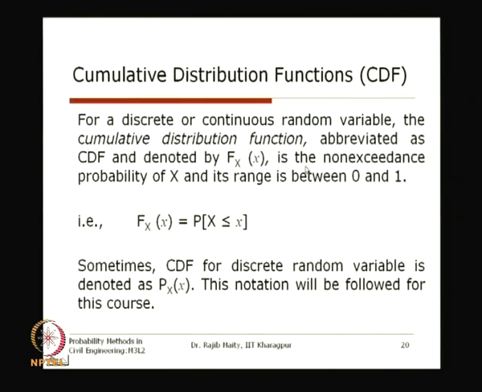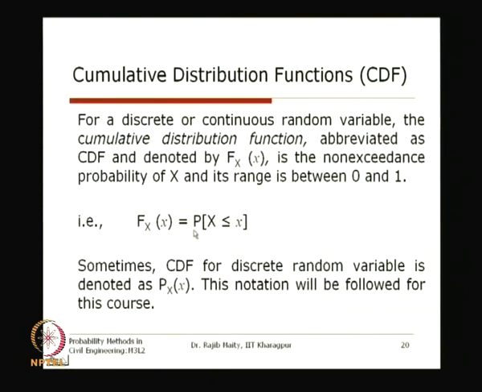As I was discussing, we go on accumulating from the lower extreme, where it is 0, and at the upper extreme it will obviously be 1. So F of x, as stated here, is nothing but the probability that the random variable is less than or equal to the specific value x.